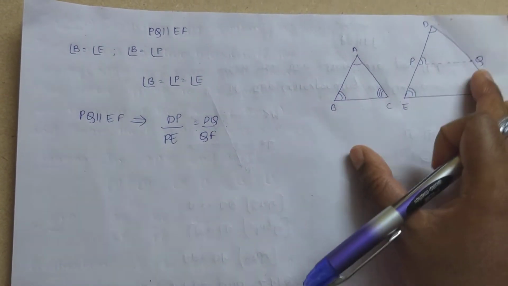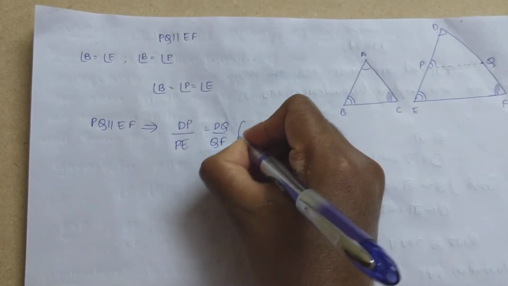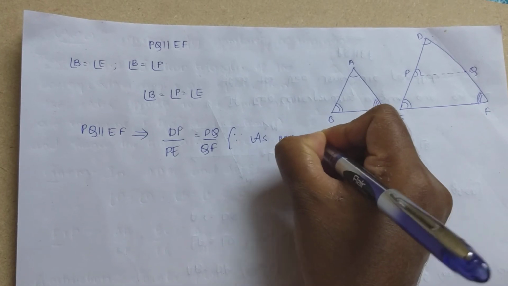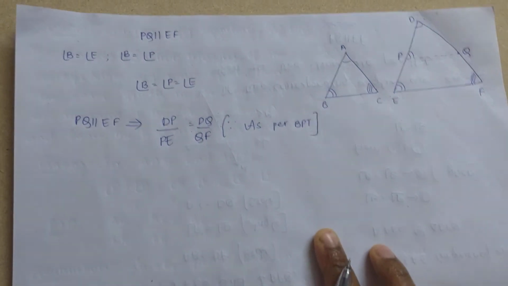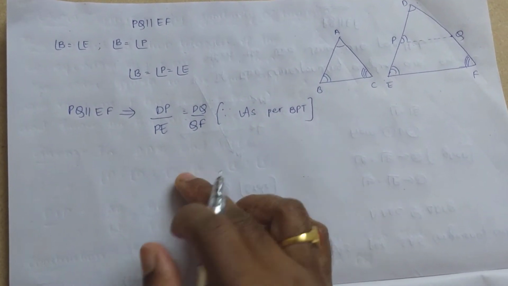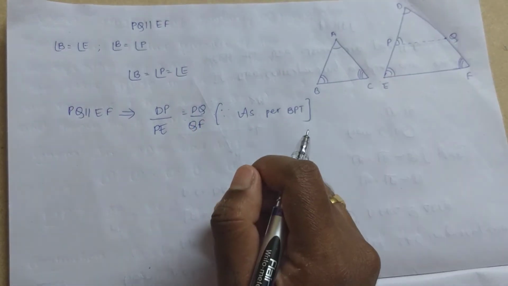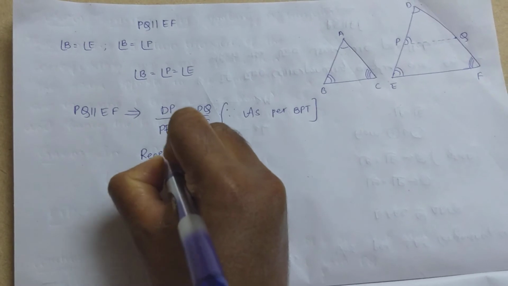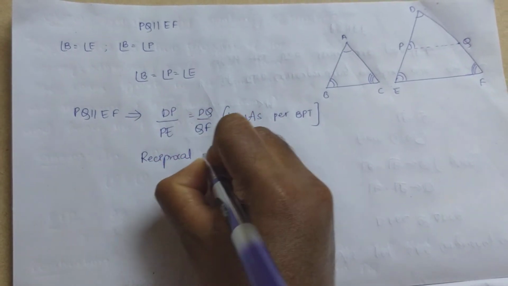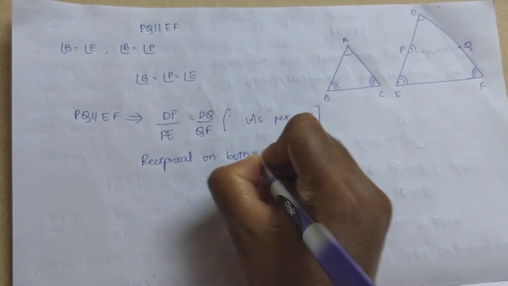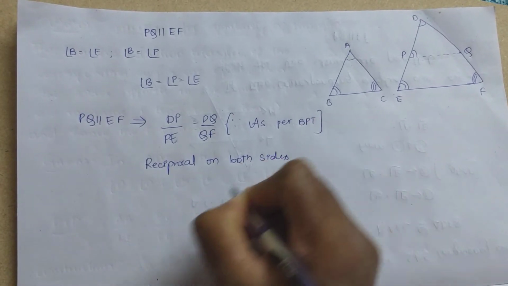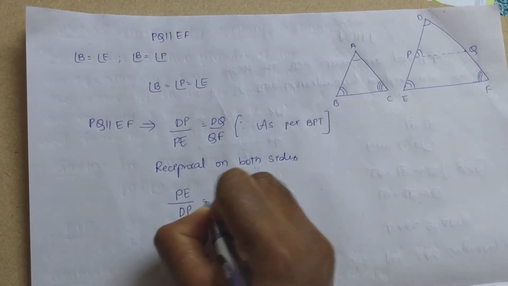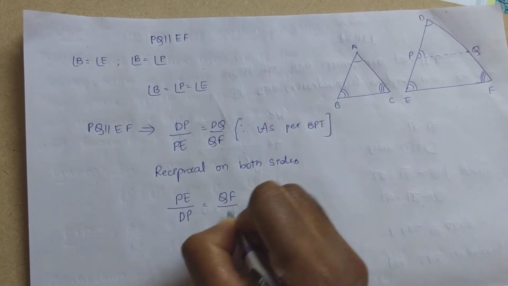Now write that, as per the basic proportionality theorem. In the next step, I'll just take the reciprocal on both sides. Let's see what we get: PE by DP equals QF by DQ.